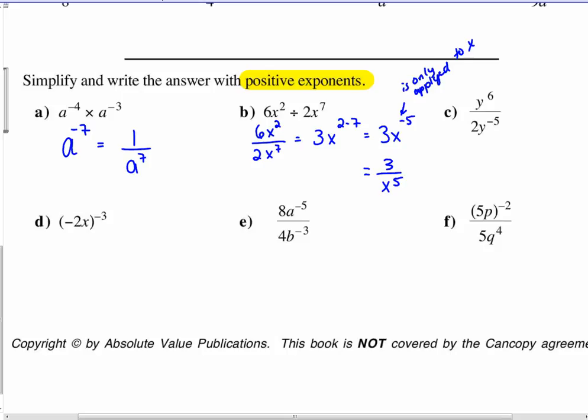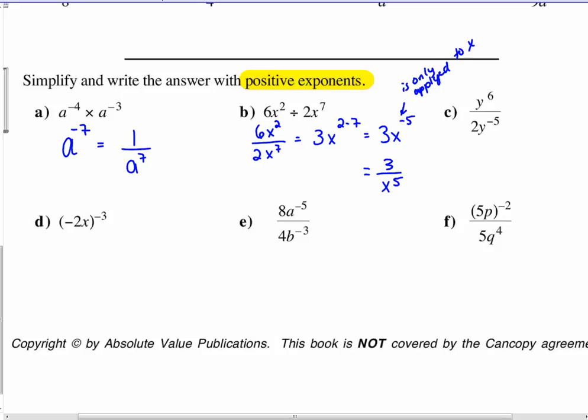This one's interesting. Now I'll give you two strategies. With this, when you have the same bases being divided, we subtract the exponents. You have to be careful whenever you're subtracting negatives.